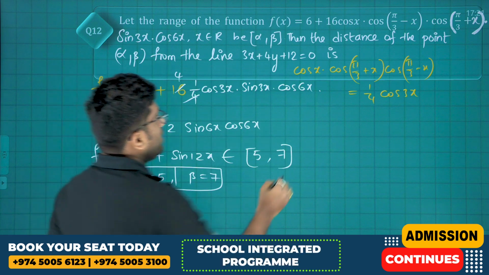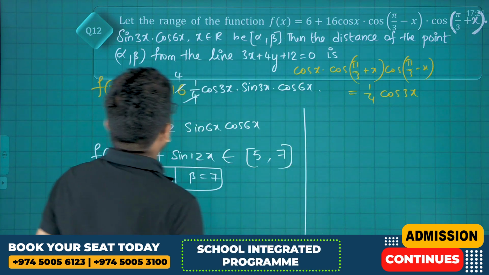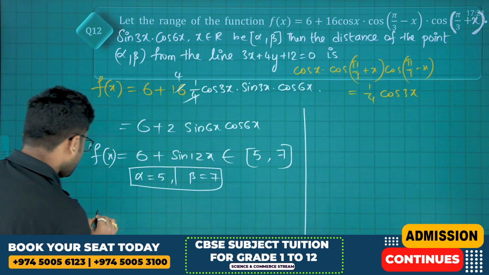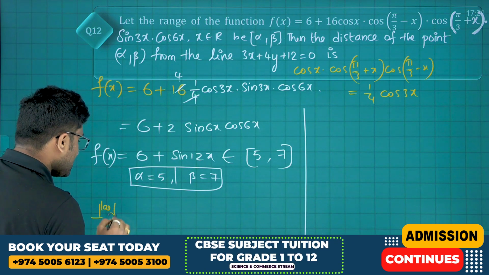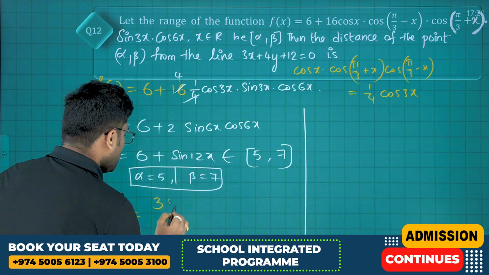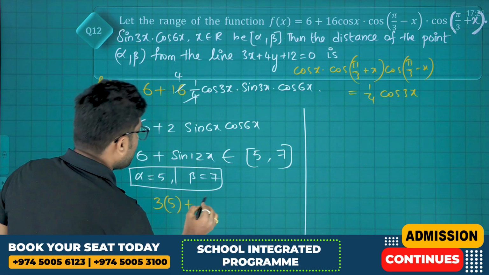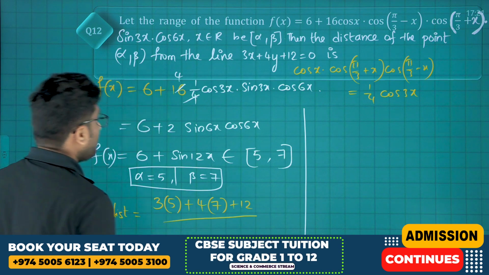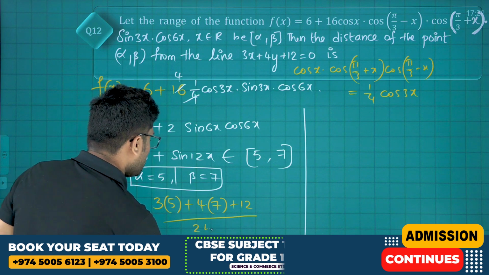Now what we need is the distance of this point (alpha, beta) from the line, that is the perpendicular distance. Perpendicular distance of a point from a line is equal to mod of 3 into 5 plus 4 into 7 plus 12 divided by root of 3 square plus 4 square, which is 25.